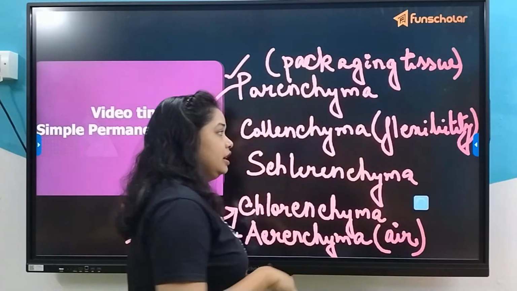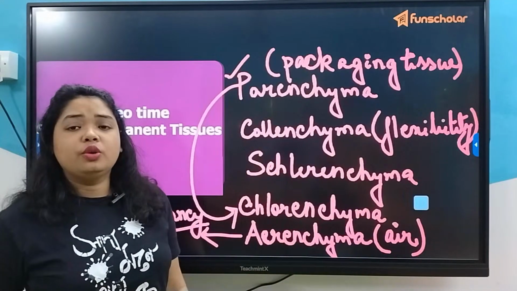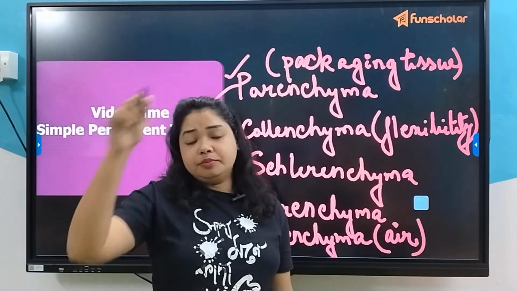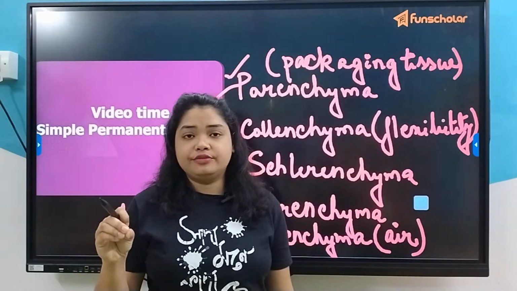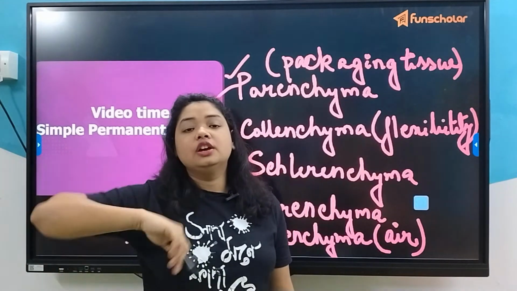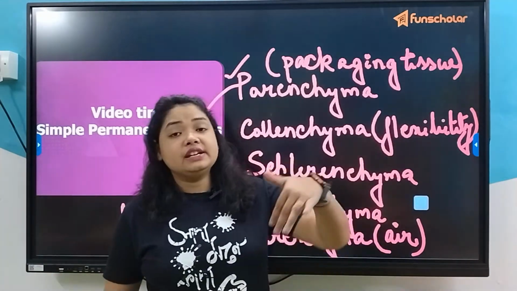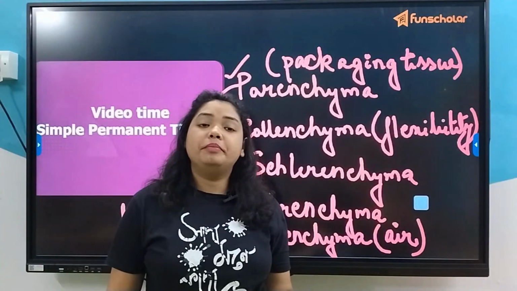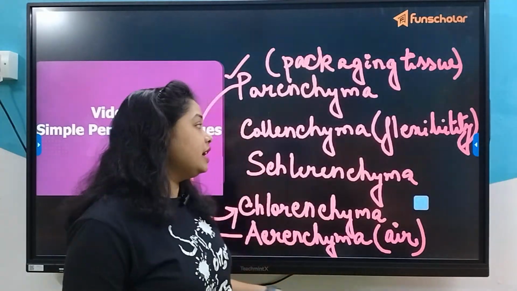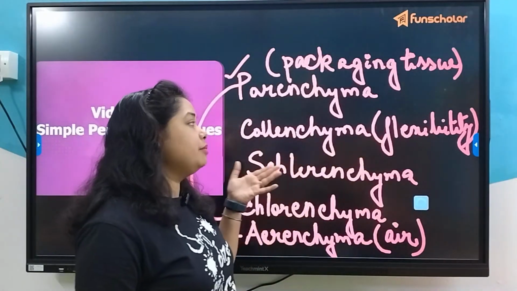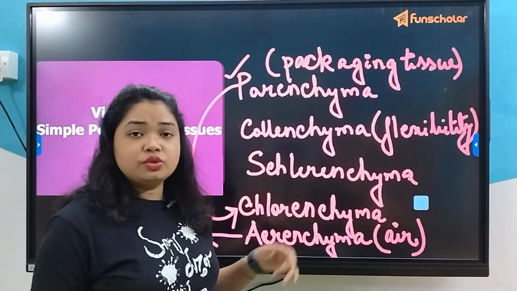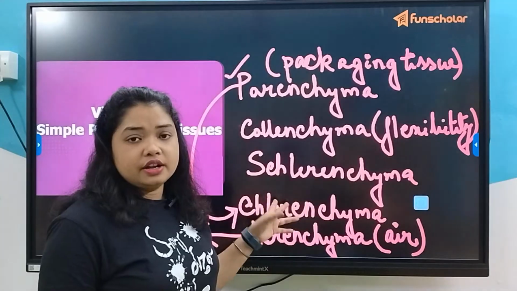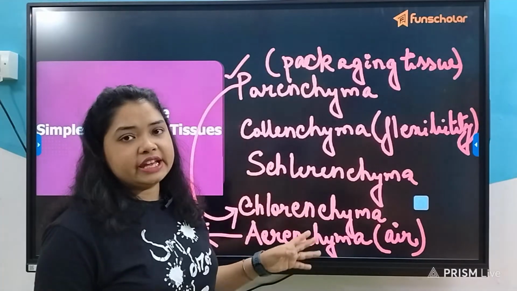For example, you might have seen when you try to lower down any branch or a particular leaf, the petiole or the twig or the branch, it bends down, right? So that bending capacity is provided by this flexible tissue. So therefore, it is a type of supportive tissue. It helps the plant to protect itself from breakage.